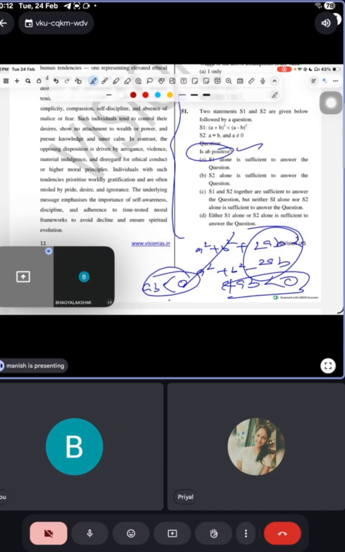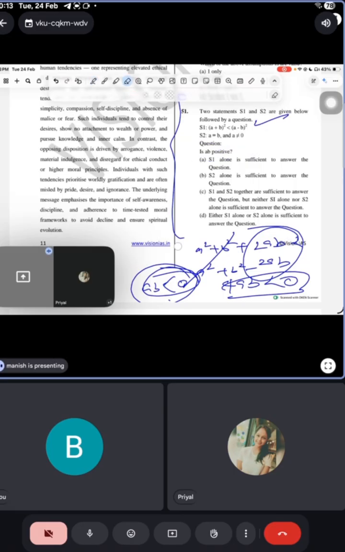If I say Bhagya is not going to the office today, the answer can be both yes or no. But here there should be no two answers; yes and no should not both hold at the same time. Only then is the data not sufficient. But here a definite answer is there: ab is negative because ab is less than 0. So statement 1 alone is sufficient.